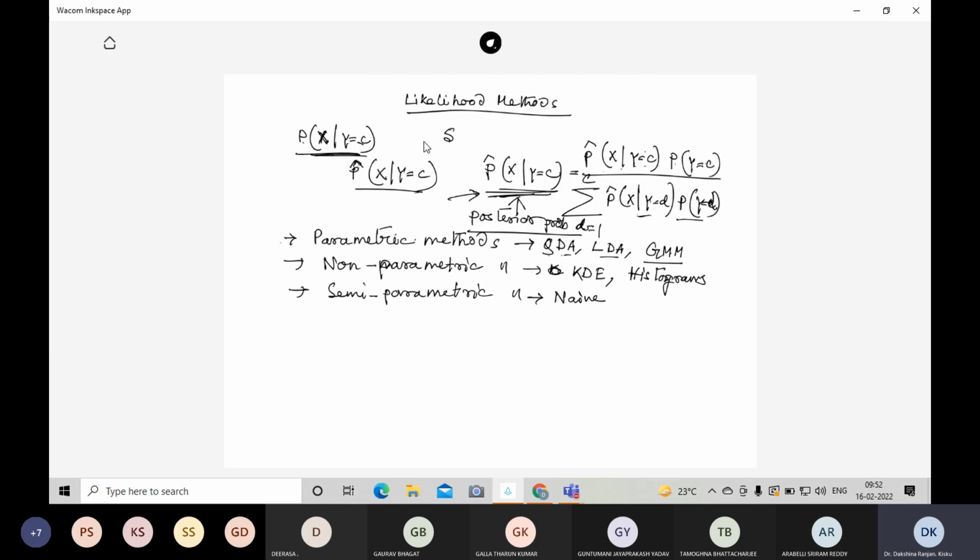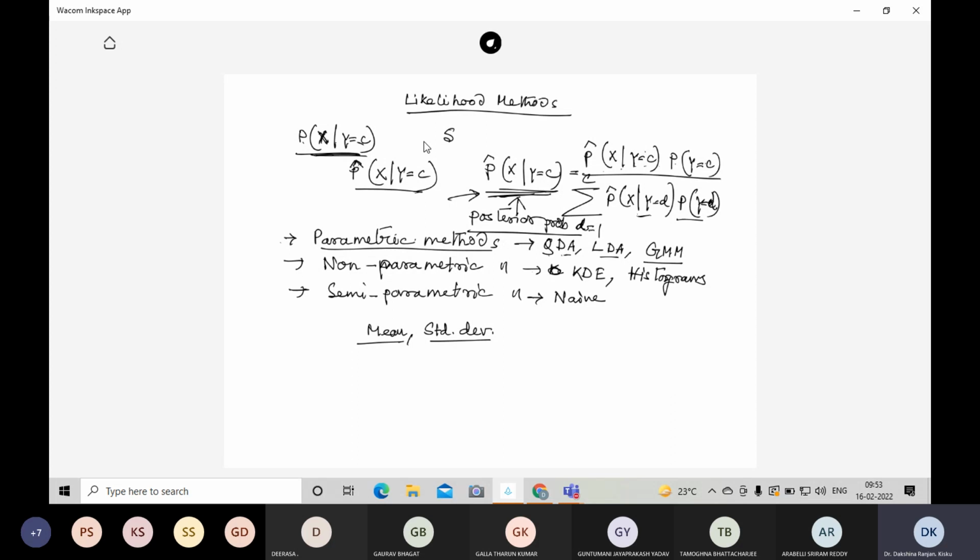Here we make an assumption that it follows the normal distribution, and we know that the normal distribution uses mean and standard deviation. So using these two model parameters, we can estimate the density of a class.